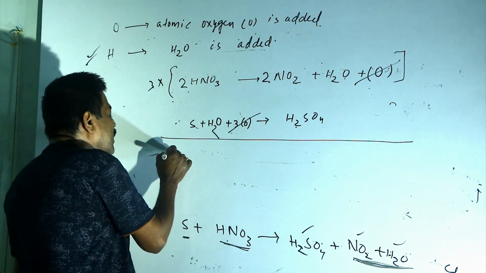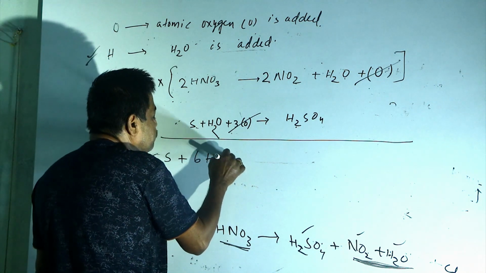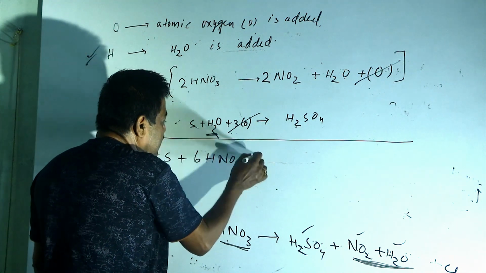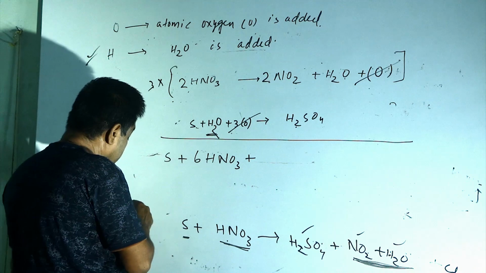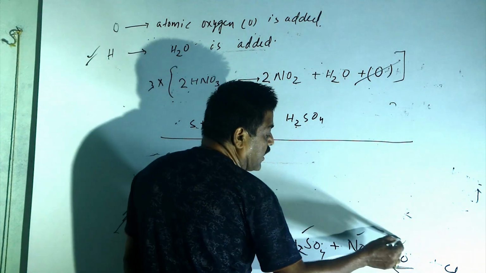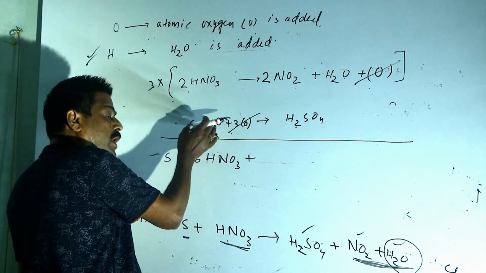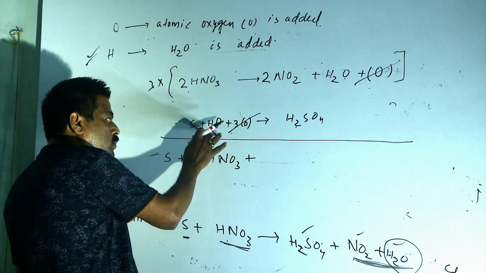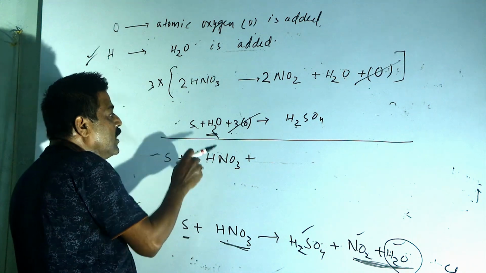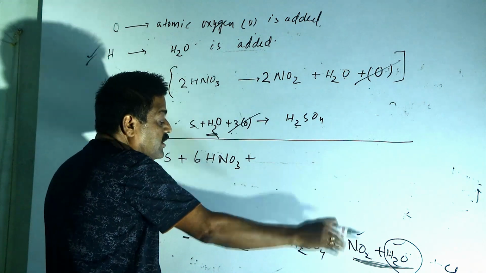So here we can write sulfur plus 6HNO3. Here we cannot write water in this side because in our original equation or the given equation, water is present in the right hand side. So water in the left hand side, if any, or any molecule in the left hand side during the part equation, must cancel out. They must be cancelled and should be reappeared in the right hand side.